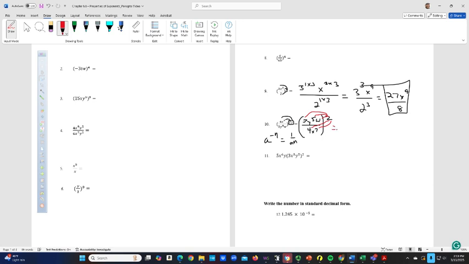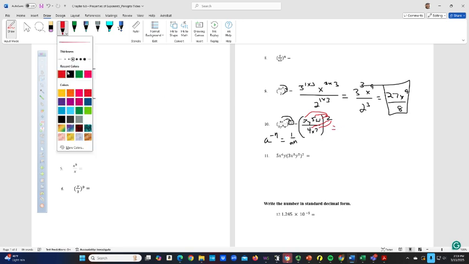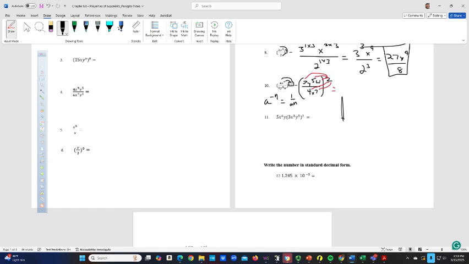So this is going to become 3 raised to the power of 1 times 2, y to the fifth times 2, w to the power of 1 times 2, all over 4 to the power of 1 times 2, x to the seventh times 2.